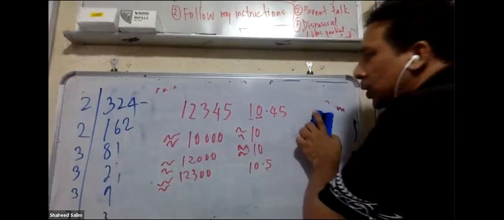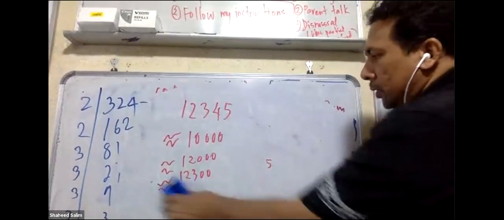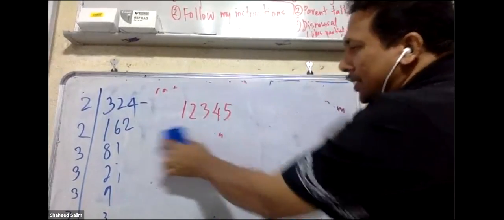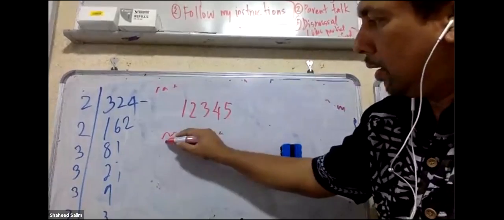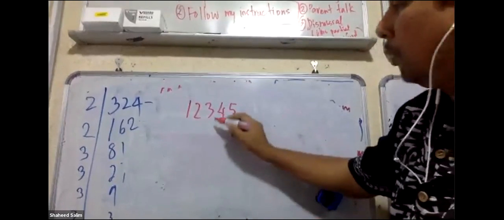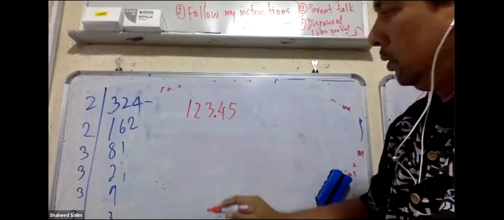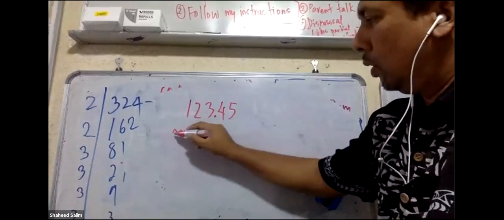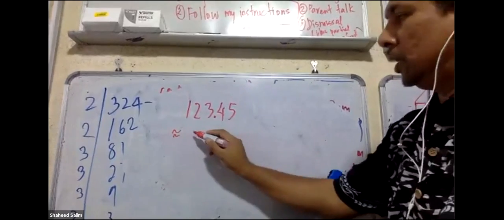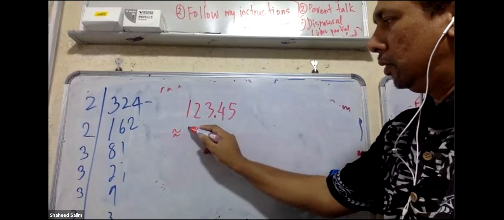So let us test you now. You know what this is? I write like that. It's the estimated. So now I'm going to put a dot down here. One significant figure, what's the answer? 100.